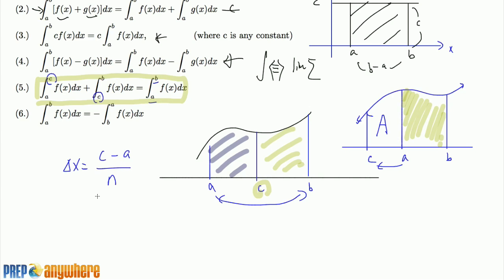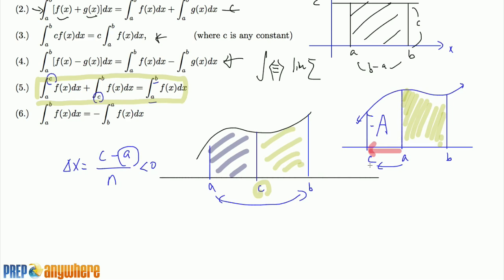But which one's bigger, a or c? a is bigger, right? So is that quantity going to be positive or negative? Negative, right? So we're multiplying every single height by delta x, but delta x is negative. So if you integrate backwards like this, a to c, it's going to generate a negative area of A.